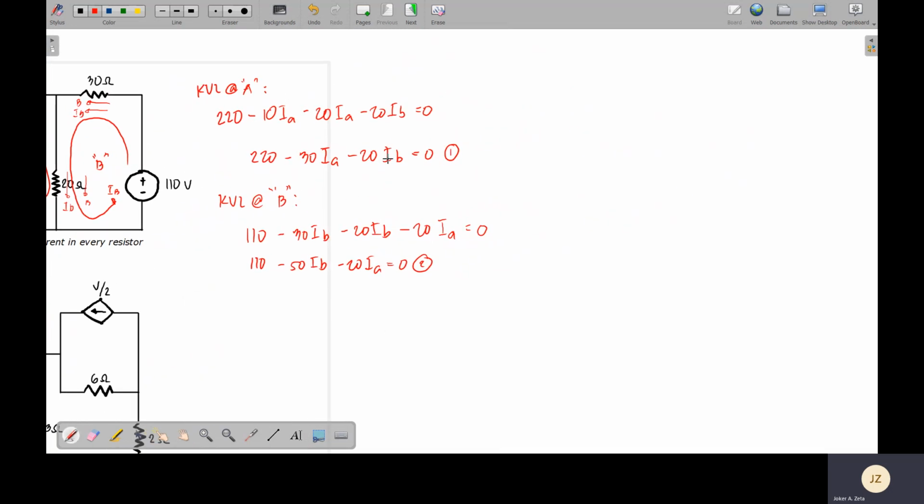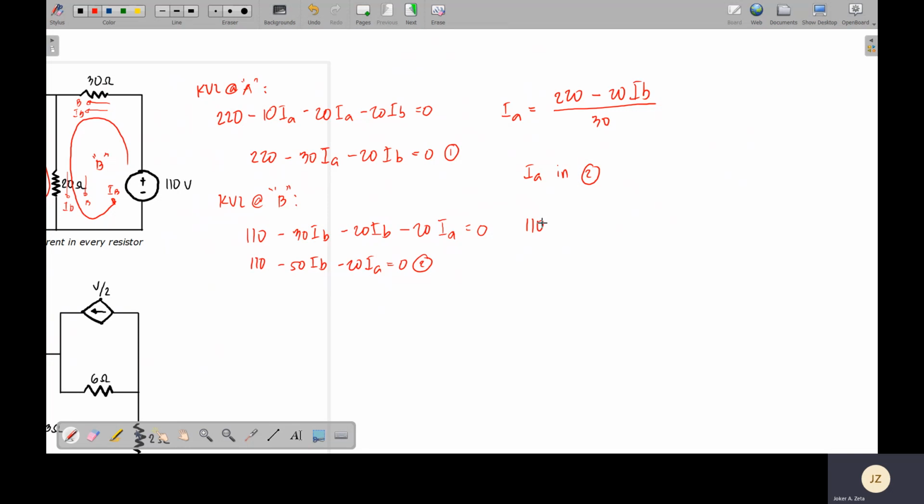I'm going to make this into, let's say, IA is equal to 220 minus 20 IB, divided by 30. We'll just call that IA itself. Then we're going to substitute IA into equation number 2.